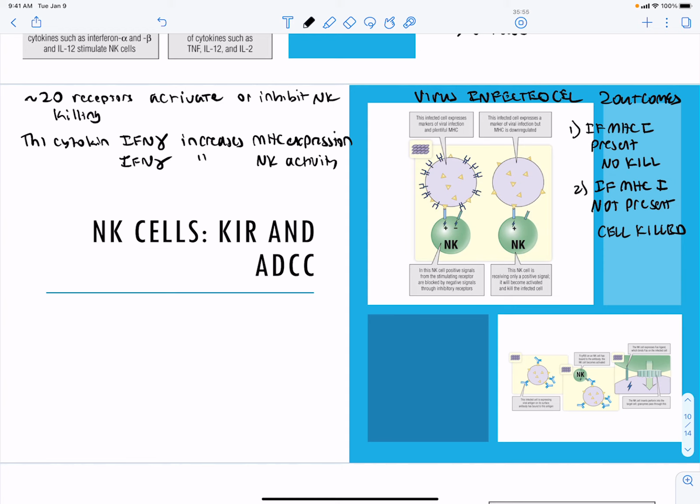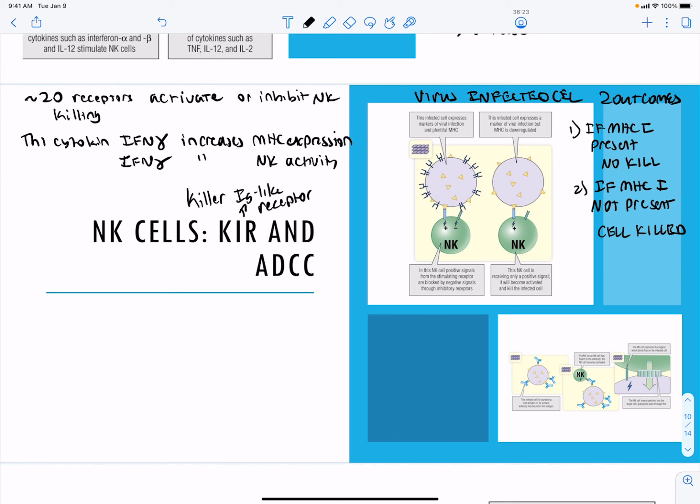On the NK cells, you have something called KIRs. And KIRs are killer Ig-like receptors. So that's what a KIR is. And then NK cells are also going to be involved in another process called antibody-dependent cellular cytotoxicity, or ADCC.